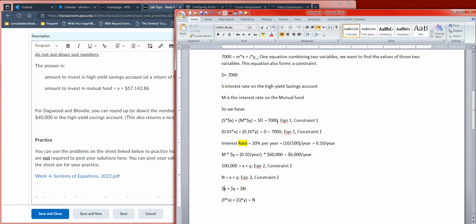This is $7,000 per year that you earn. Here is the interest rate in terms of return per year. And then this is the number of dollars invested. So both sides have the units of dollars per year. In this equation, both sides have the units of dollars. So your two equations don't have to have the same units, but in each equation, the same units must be present on both sides of the equation. Okay, that's important.